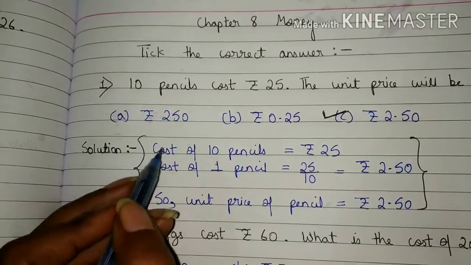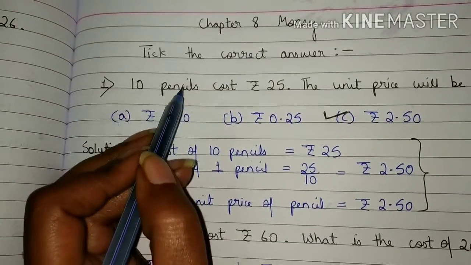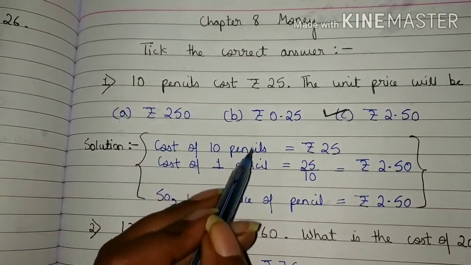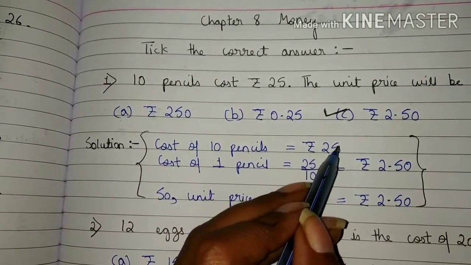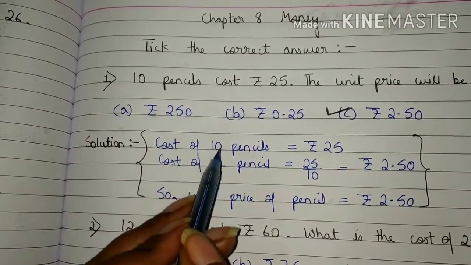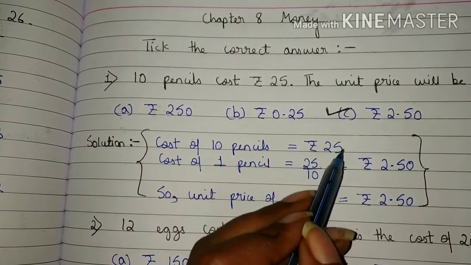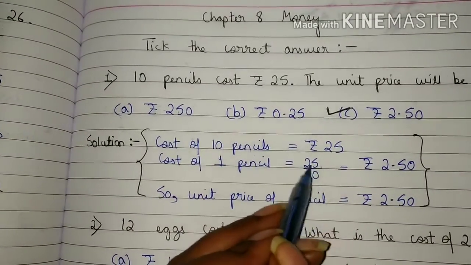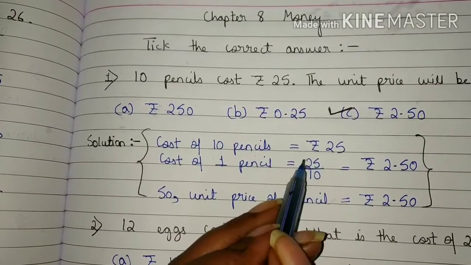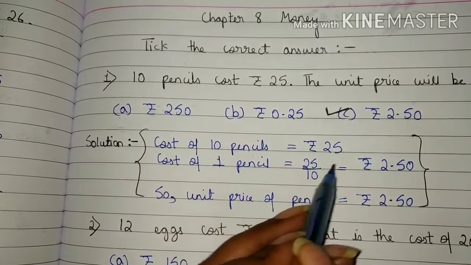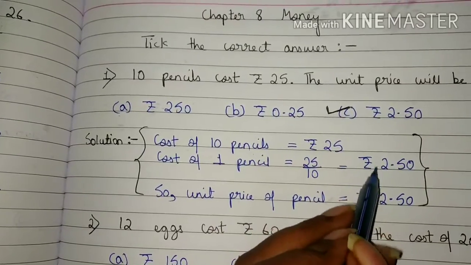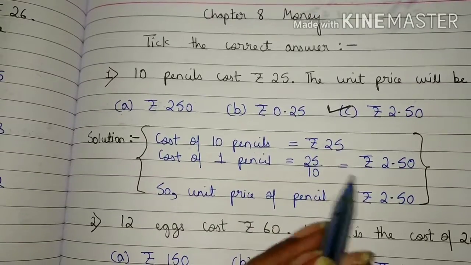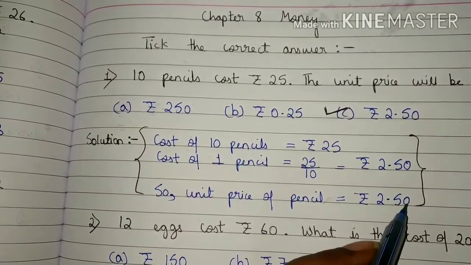If the cost of 10 pencils is rupees 25, so the cost of one pencil is 25 divided by 10. When you divide 25 by 10, you will get the answer rupees 2.50. So the unit price of a pencil is rupees 2.50.